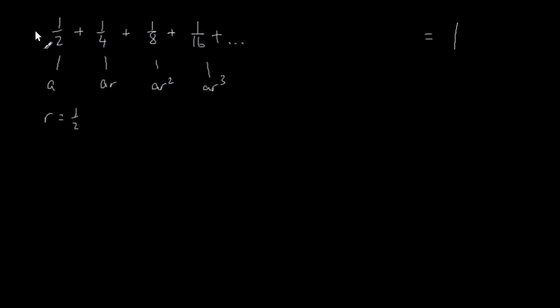Now if you remember, the symbol for the sum to n terms is Sn. In this case, since there is an infinite number of terms, my n is actually infinity. The way to write infinity is with what looks like a horizontal figure of 8.